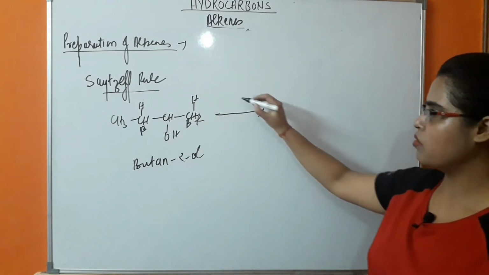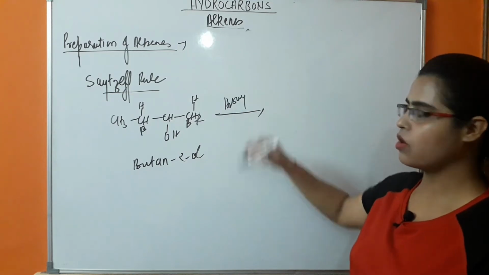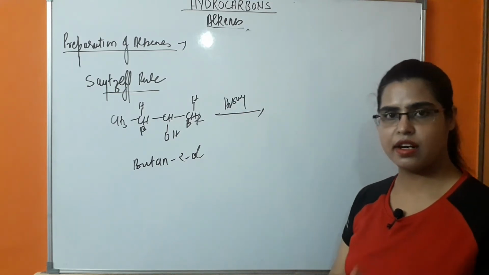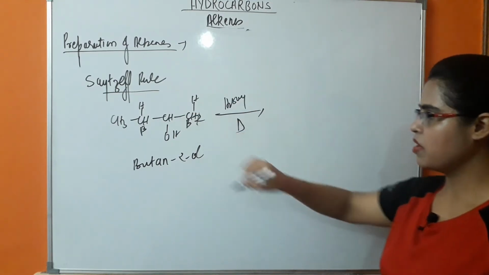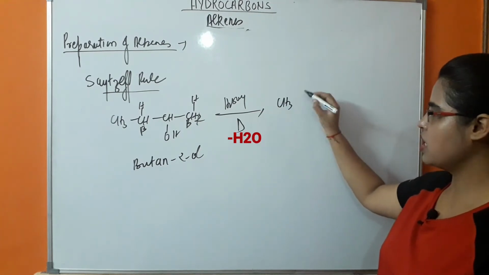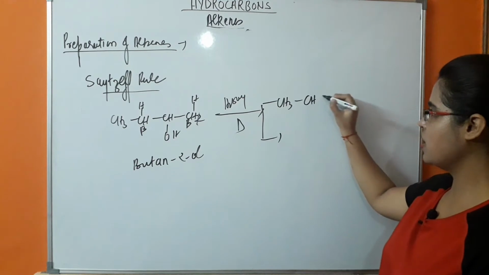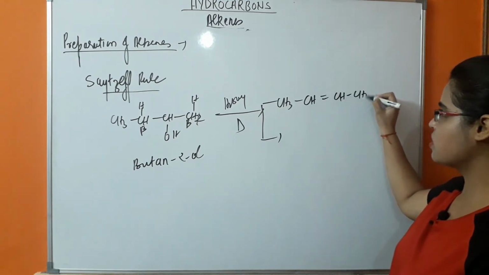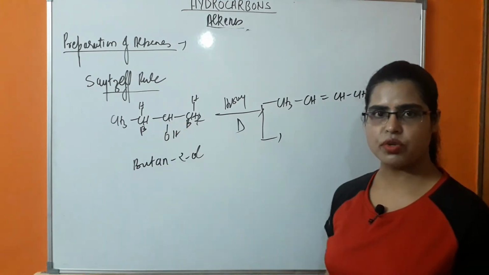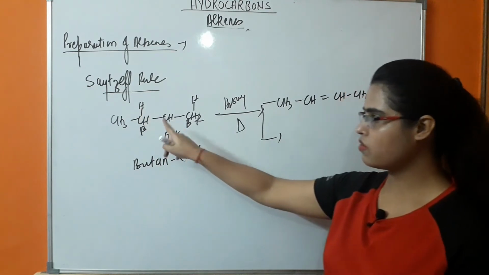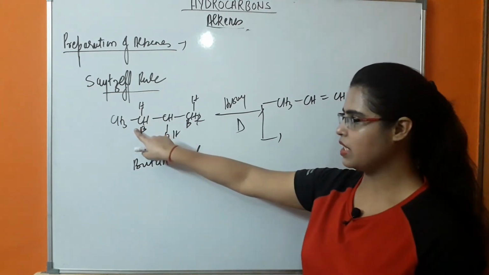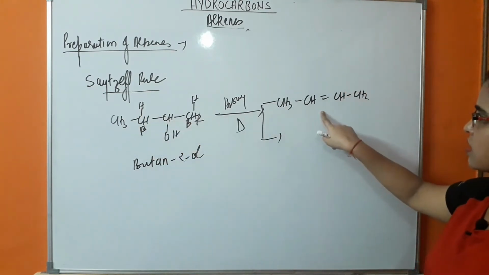In the presence of concentrated H2SO4 or H3PO4 or Al2O3, there will be formation of two products. One is CH3CH double bond CHCH3. This is the more substituted alkene, formed when this beta hydrogen is removed.